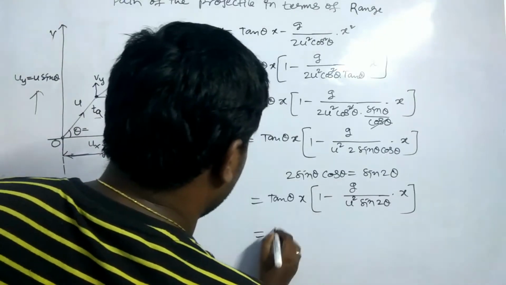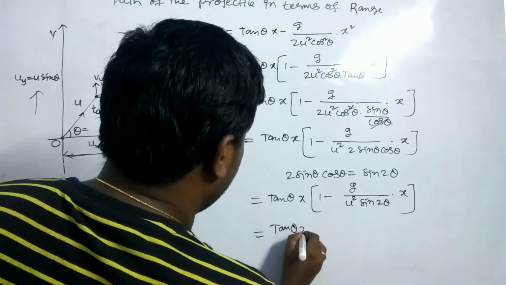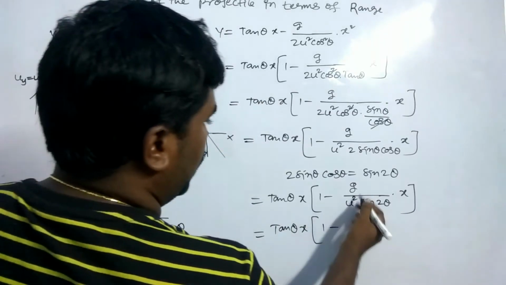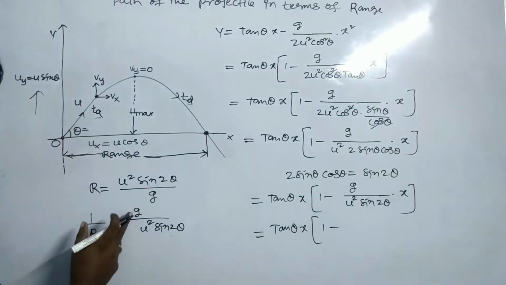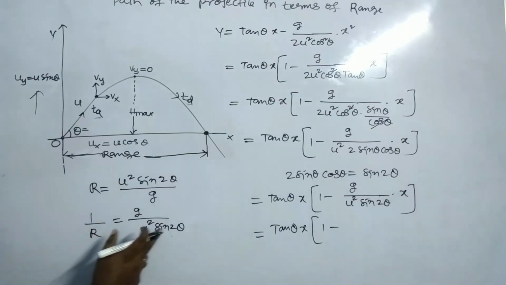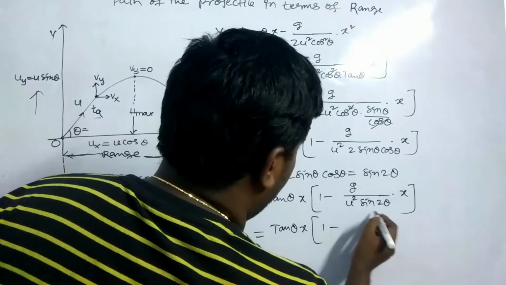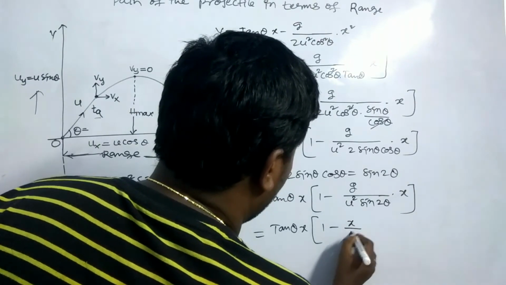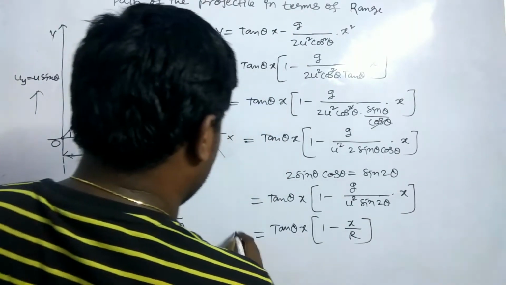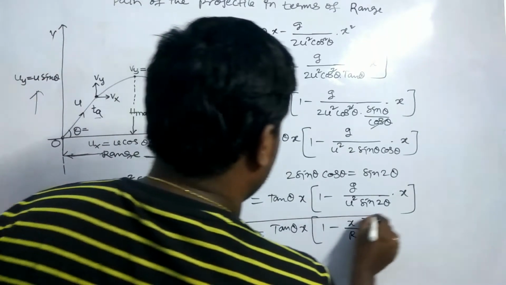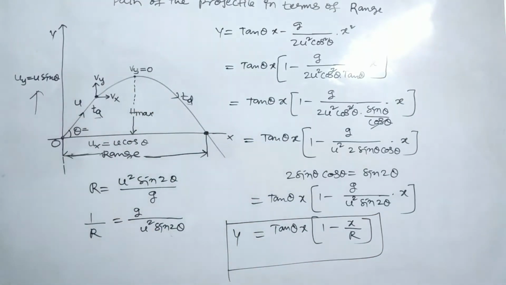So let it be tan theta into x times 1 minus g by u square sin 2 theta, which is nothing but 1 by R, into x, so it is x by R here. So this is the path of the projectile in terms of range.